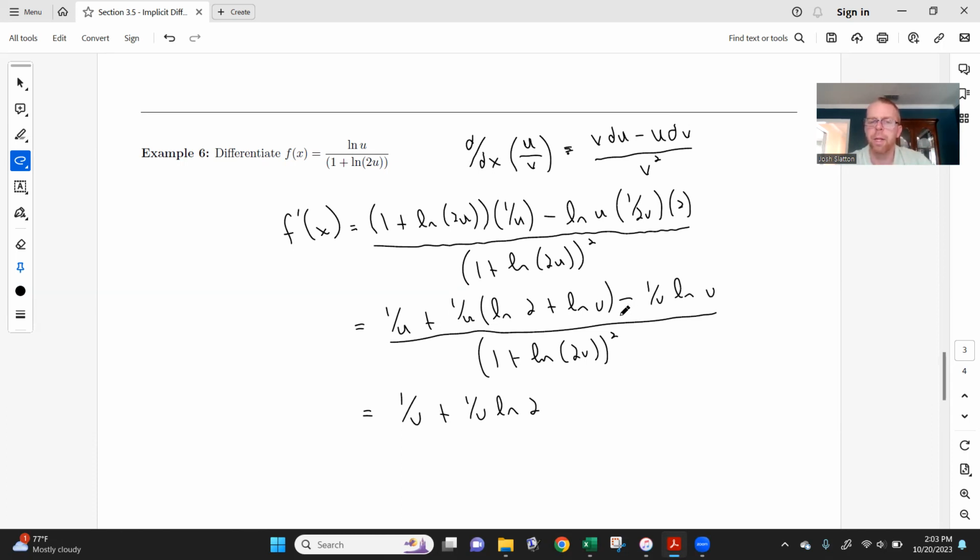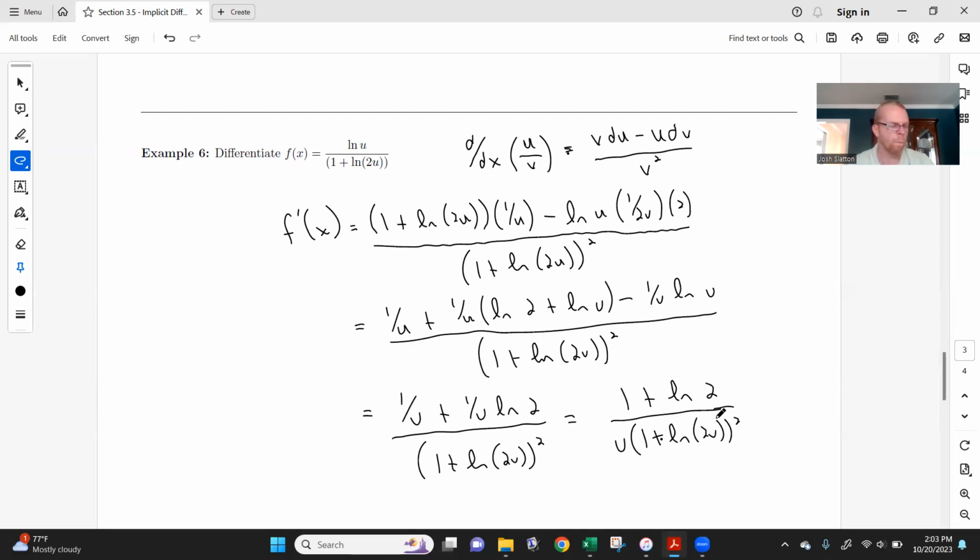So those are going to cancel out. So this is all we have on top now. And then all over our bottom here. And let's factor out the 1 over u. 1 plus ln of 2 over u is going to go on top, and on bottom, 1 plus ln 2u squared.